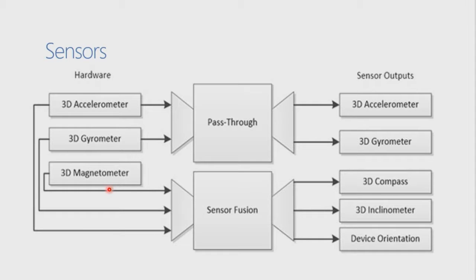The 3D compass is not just based on the magnetometer, it's based on the collaboration between the magnetometer, the gyrometer and the accelerometer. But you don't have to do that math. All you have to do is access the compass, and whether your device is laying flat or at an angle, which could increase the amount of math that needs to be done, it's going to be able to tell you what your heading is.